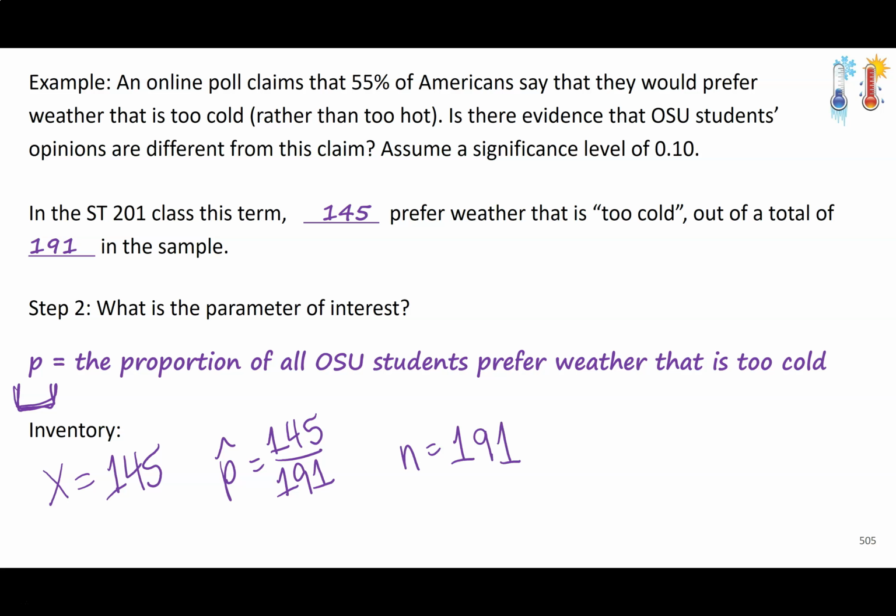And we do have an extra piece here. We need to have that claimed proportion. So I'm just going to use this 55. Remember, this value should never come from the sample. It should never come from what we observed. In theory, we're supposed to have it before we even collect a sample. So P0 should never come from any sample information ever. So that 0.55.